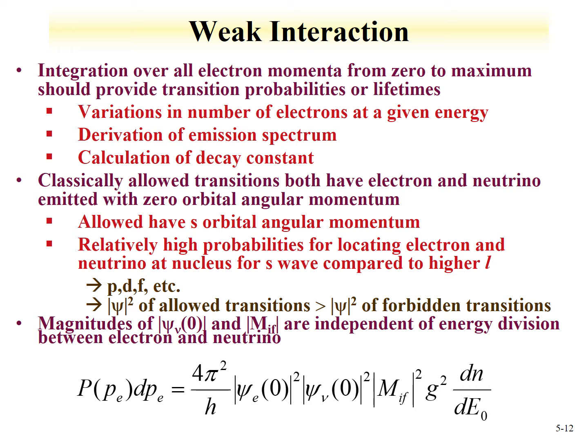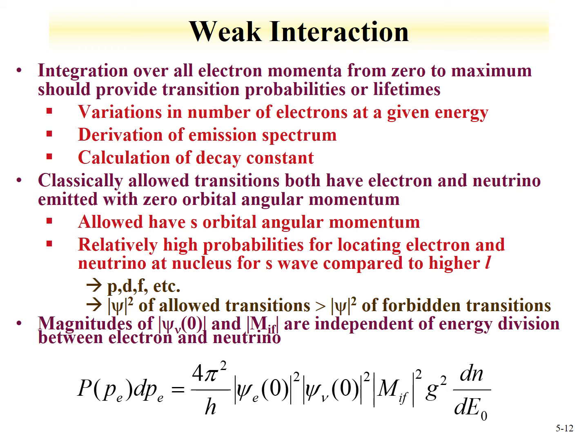Now, classically allowed transitions, in other words, where I have zero orbital angular momentum change, those that have s orbitals, are allowed transitions. There are higher probabilities of locating the electron and neutrino at the nucleus for the s wave function compared to the higher L wave functions, so p, d, f, etc. These can be observed, but they won't be as allowed as the s wave function.